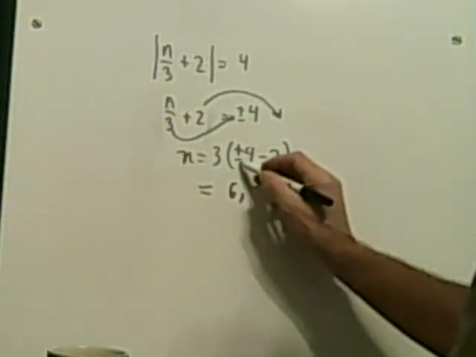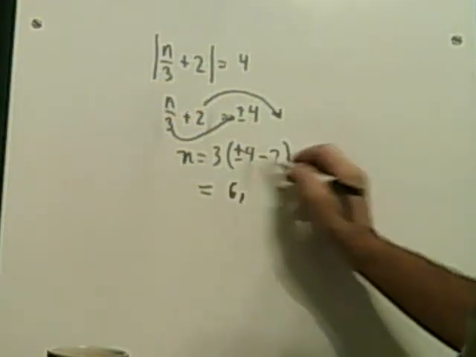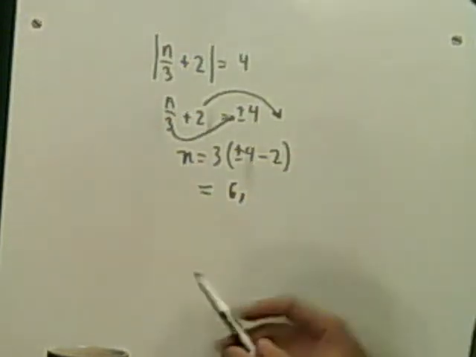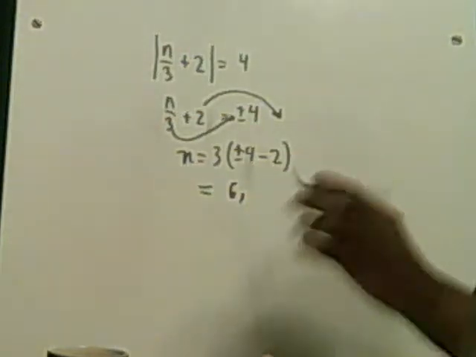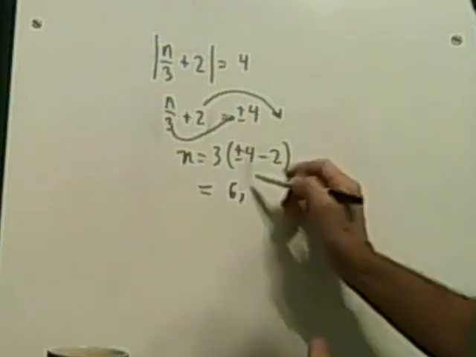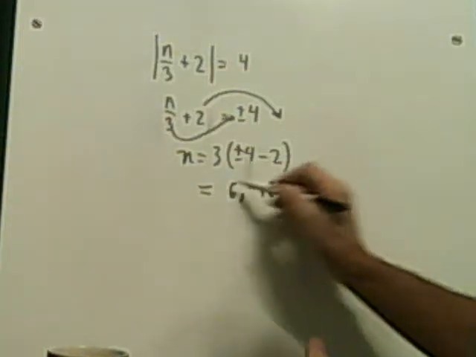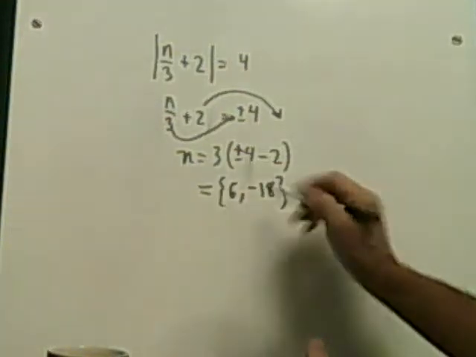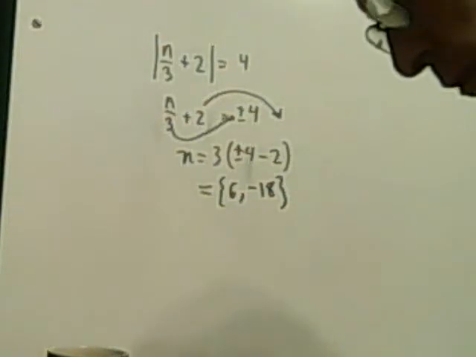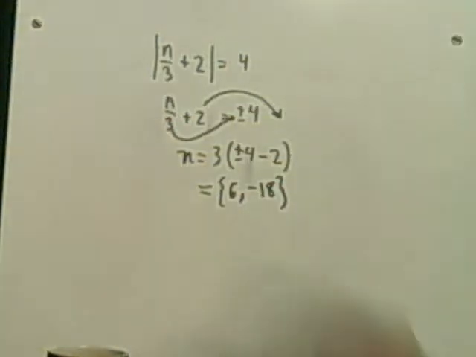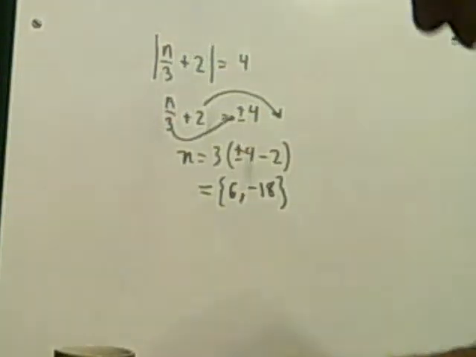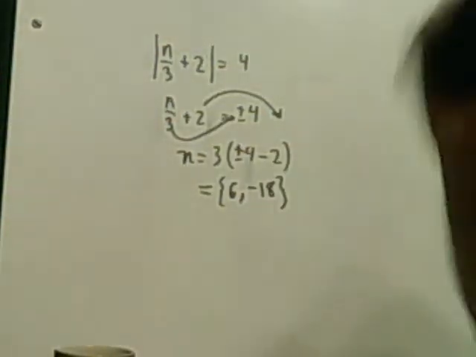And the second answer is -4 minus 2. That's -6 times 3. That's -18. Those are the two possible answers. And you could plug those in, and you should get the same thing as we did. Okay, I won't plug those in, but you can do that.